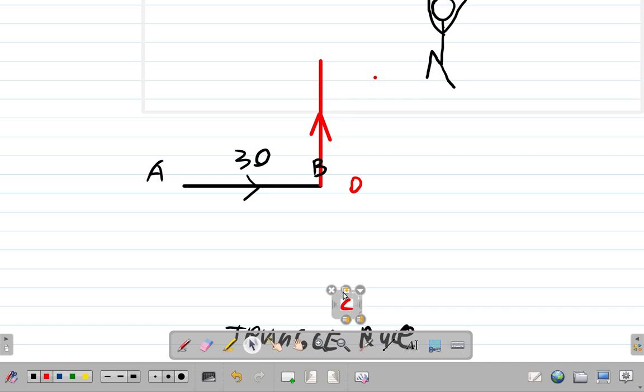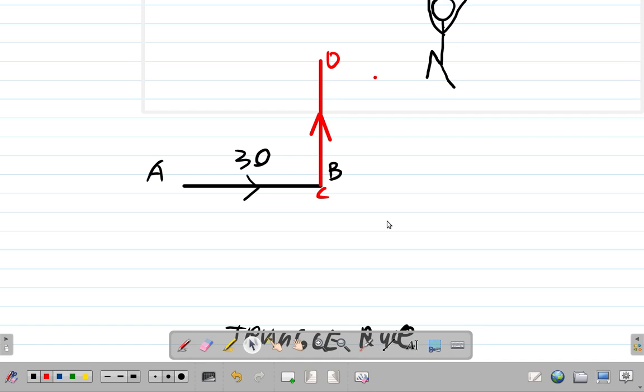I'll put my C back here. And my D will come up here. So, you should get the idea here.